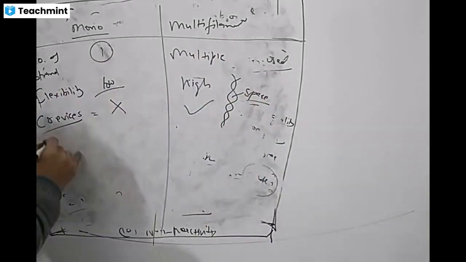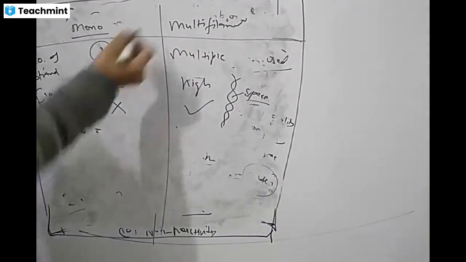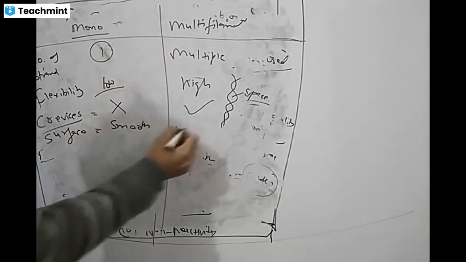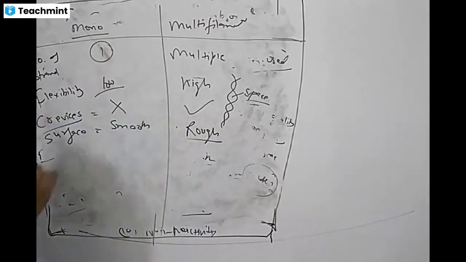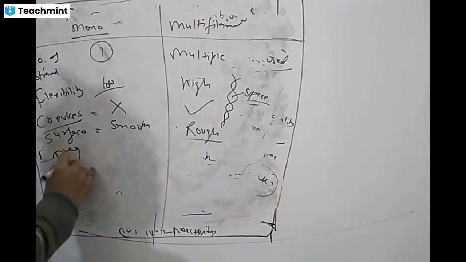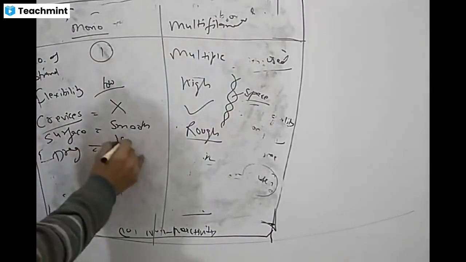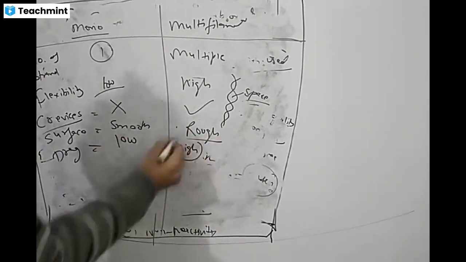The next is surface. Because it is monofilament, the surface will be smooth, and multifilament will have a rough surface. Drag: smooth fiber can easily cross any tissue, so the drag will be low, and this is rough, so the friction will be high.